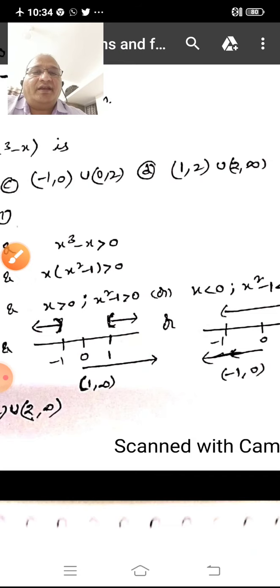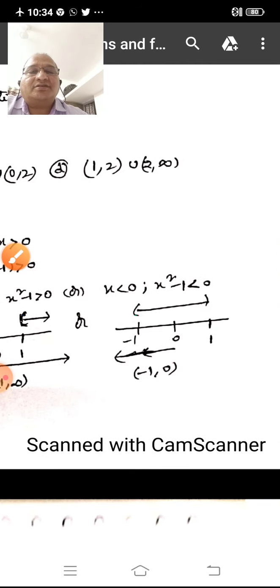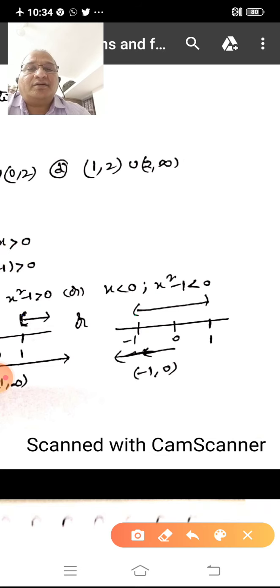In the same way, for the other case also, negative into negative is also positive. Here observe, x is less than 0, x square minus 1 is less than 0. Here x less than 0, I taken this one, and next one here x square coefficient is positive, total expression is negative.